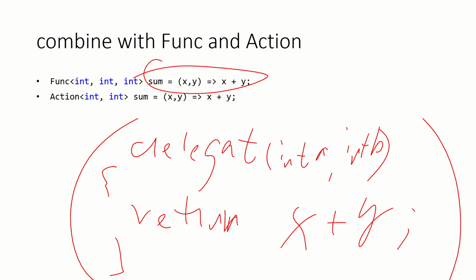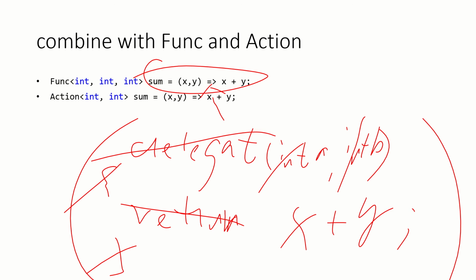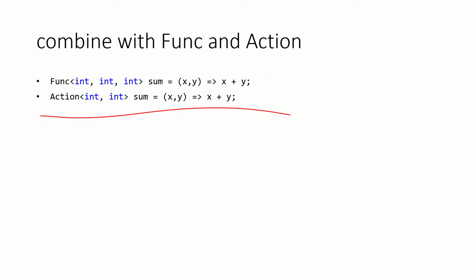Okay. The traditional way, we're writing the anonymous method, right? But we can convert it into a lambda expression, right? Delete, delete, delete, delete, delete, delete. That's our lambda.